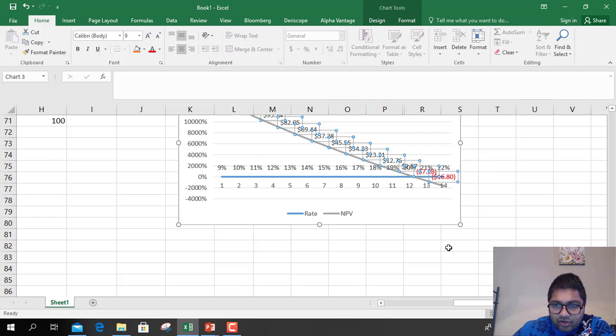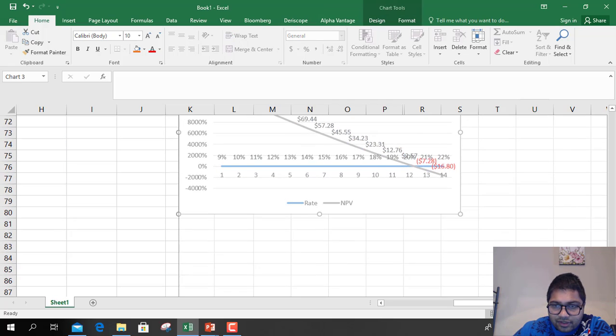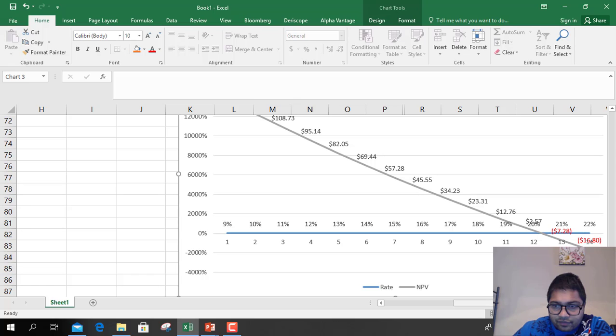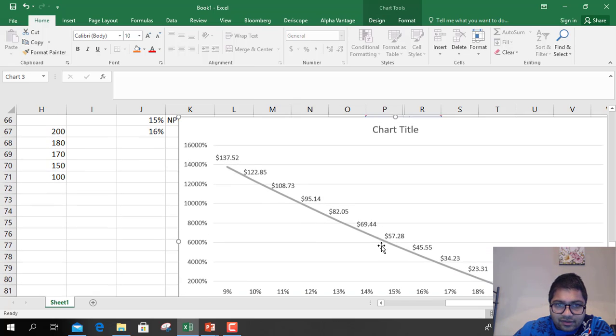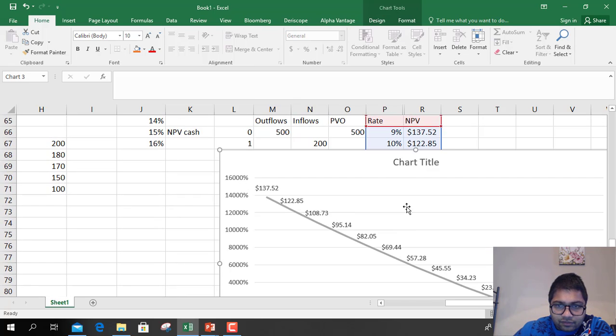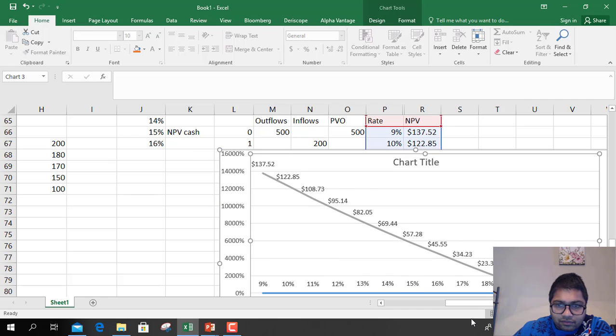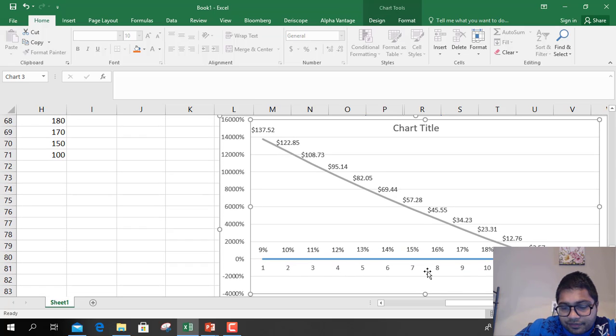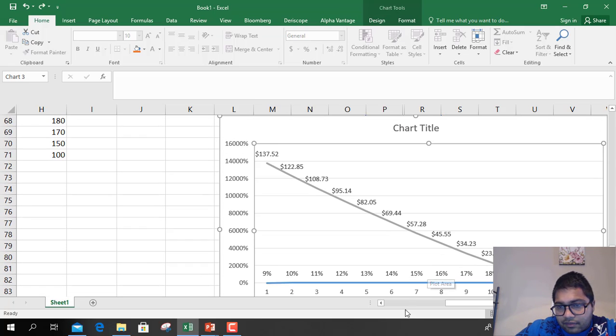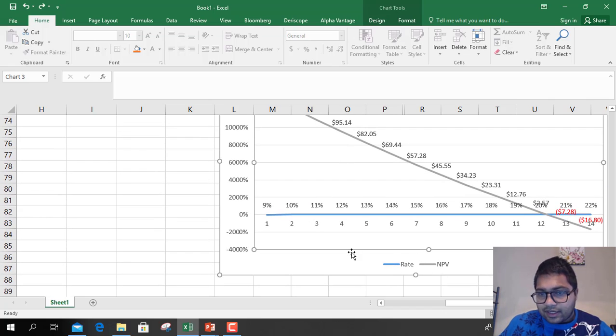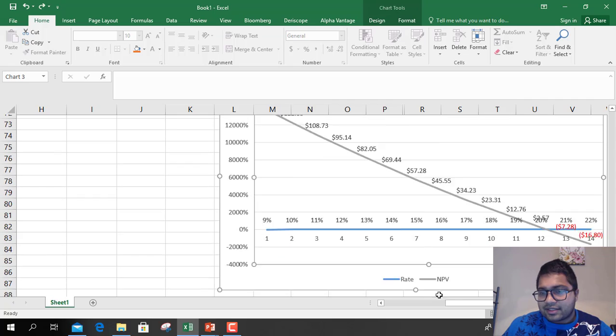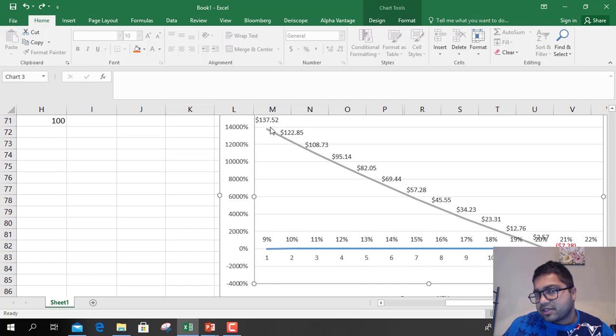Okay, so I'm going to zoom this chart that we have just drawn, and then we can discuss this. Okay, so what is happening, this blue line is rates, 9%, 10%, 11, 12, 13, 14, 15 to 22, and this gray line is NPV, net present value.